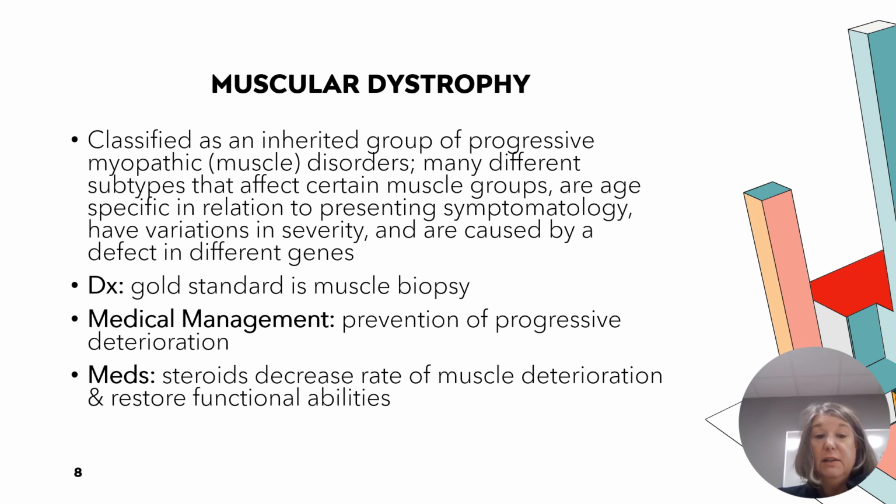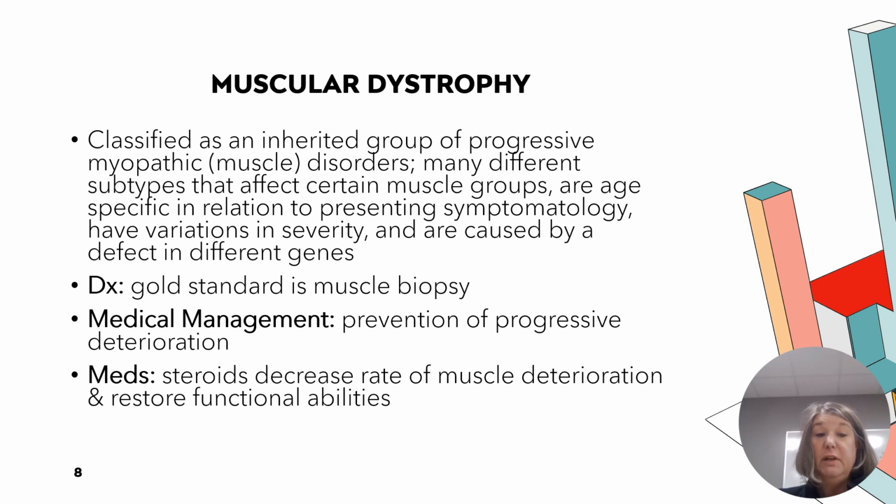So they are classified as an inherited group of progressive myopathic, meaning muscle, disorders that are caused by imperfections in normal muscle function. Primary symptoms are progressive muscle weakening and wasting of skeletal or voluntary muscle groups. Muscular dystrophy can appear at any age from infancy until middle age and beyond.